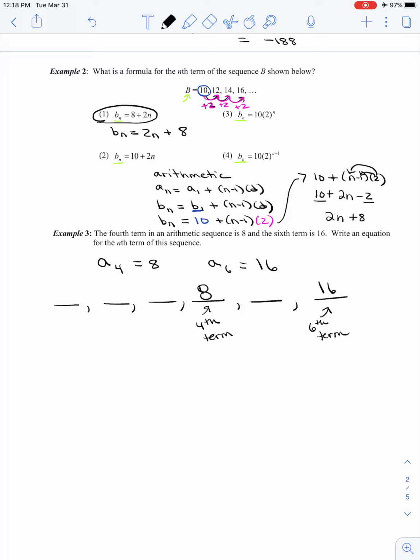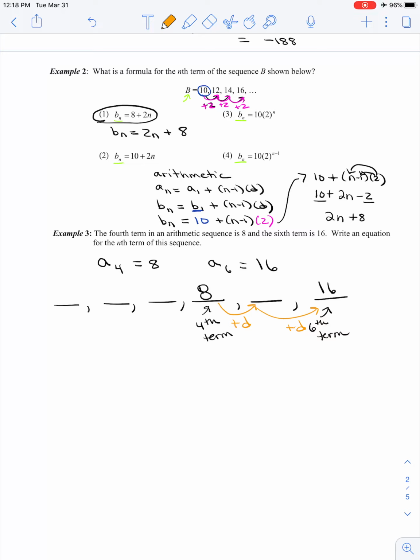So there are two ways to do this. The first is to just look at it and say, okay, well, I know that the common difference would have to be added twice here to get to 16, right? So let's see. I would have to add 8 plus something to give me this fifth term, and then that fifth term plus something would give me my last term. So one thing I could do is think about it. Well, how do I get from 8 to 16?